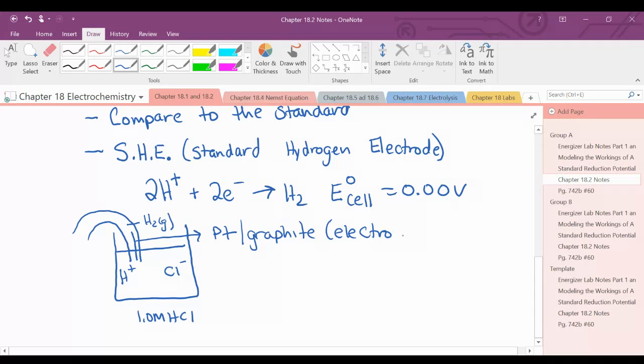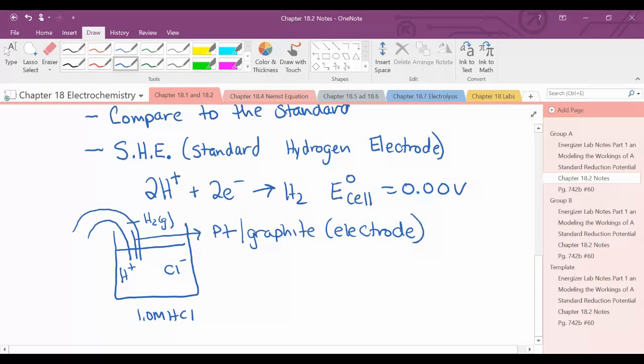Platinum's expensive, and so the more economical or cheaper electrode for this standard would be graphite. And so all the other metals are compared to the cell potential of the standard for hydrogen gas. And that's how they come up with the other values.